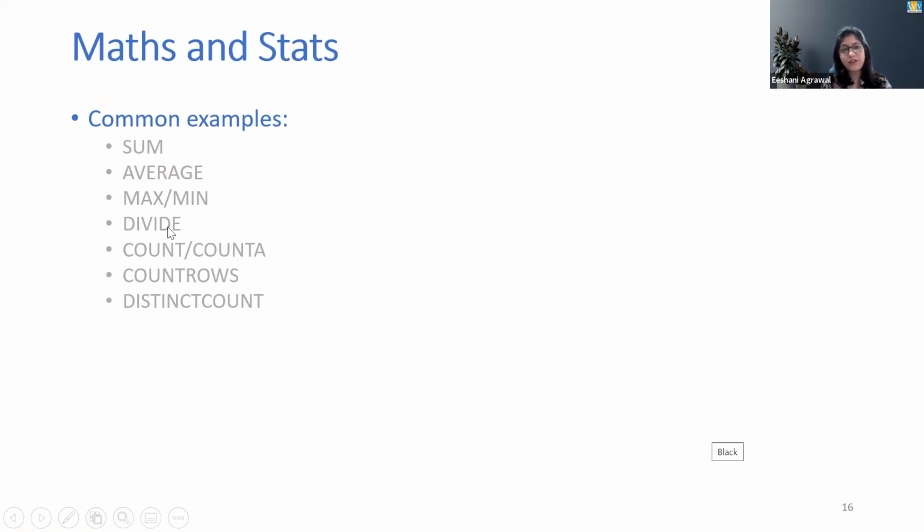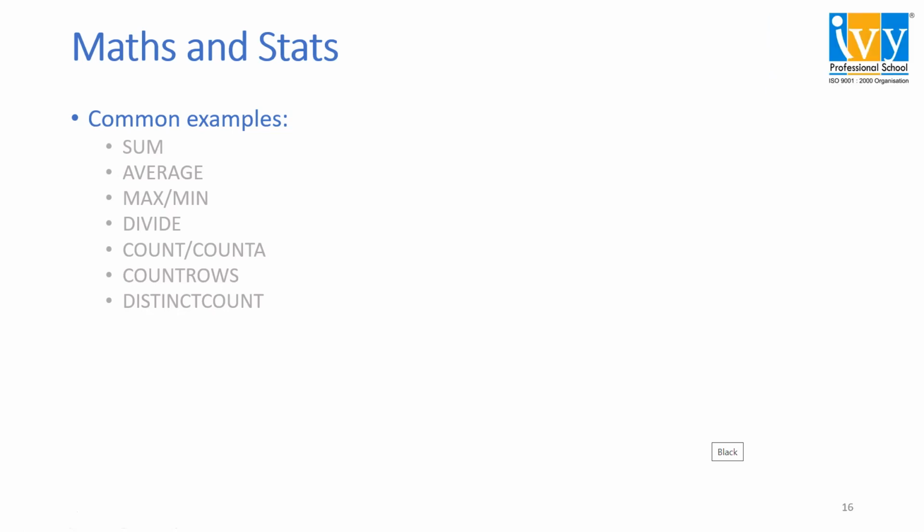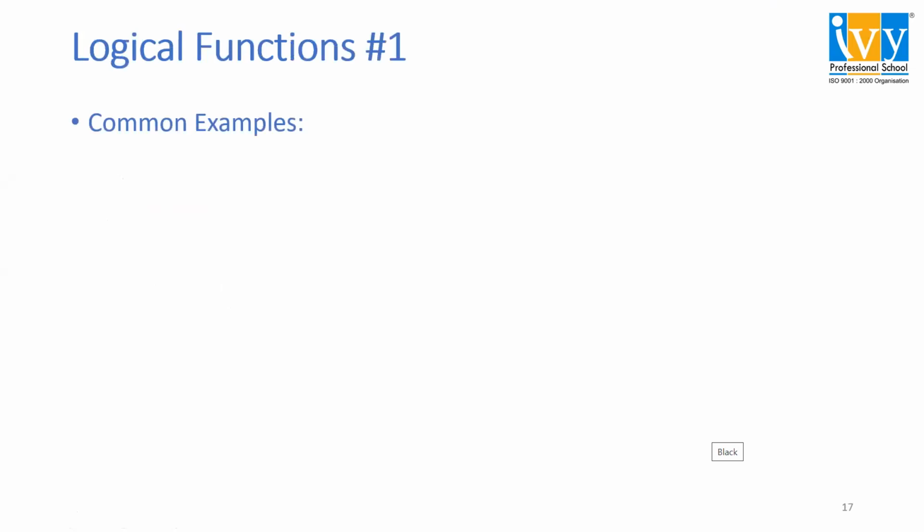Instead of using a slash, if you use the word divide as a function, you're just dividing two numbers. Then the count and count rows. What do you think the count rows would do? Count the number of rows in the table, right? It will just simply count the number of rows. Distinct count we already saw. What it did was count the unique numbers. And then there are some iterator functions we'll talk about.